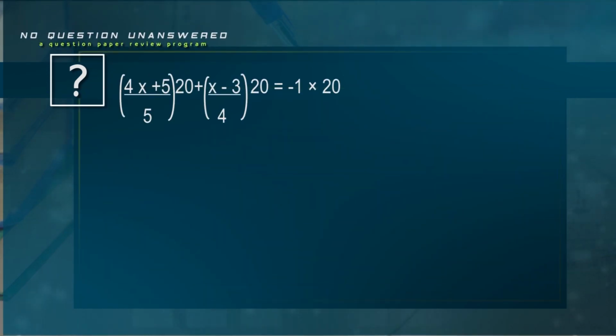Okay, so let's write the expressions. 4x plus 5 over 5, all times the LCM. So we have the LCM, 20, plus the next expression, x minus 3 over 4, all times the LCM, 20, equals negative 1 times the 20.